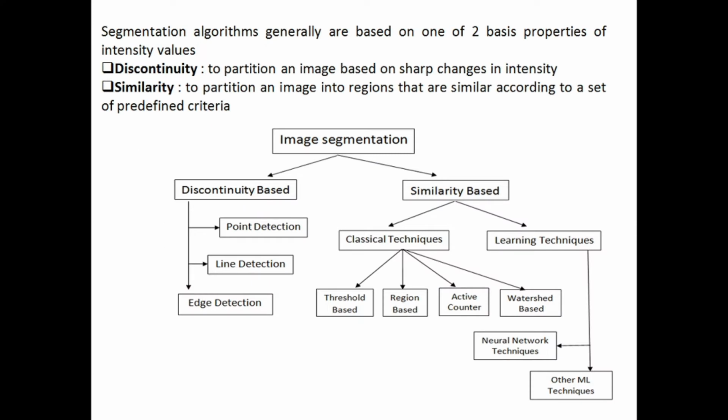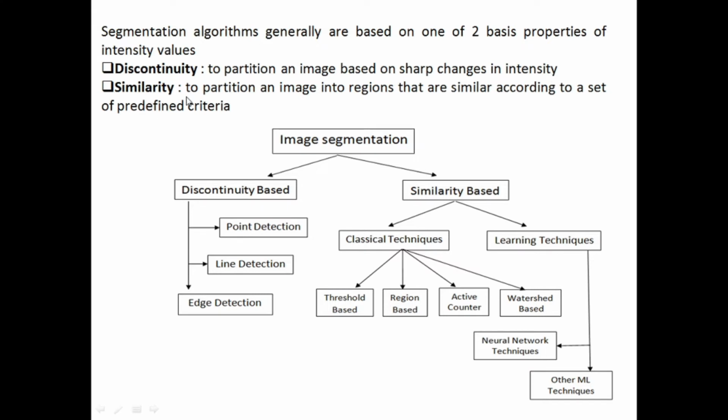So these segmentation algorithms are generally based on two kinds. One is based on the discontinuity principle and the other on similarity-based principles. In the first kind, discontinuity based, we partition an image based on sharp changes in intensity.